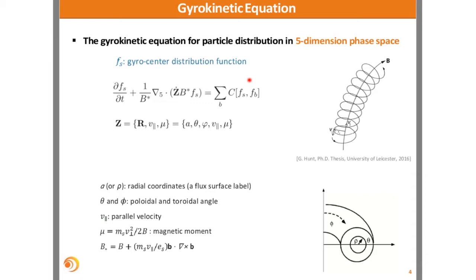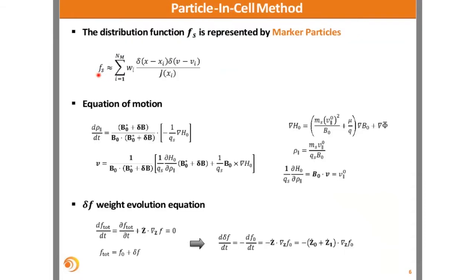We are solving the temporal evolution of the gyrocenter distribution function. Mathematically, this distribution function is continuous in 5 dimensions, but we use a finite number of Markov particles to approximately represent this continuous function.